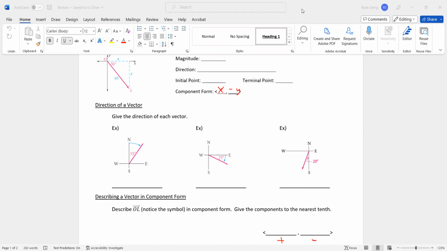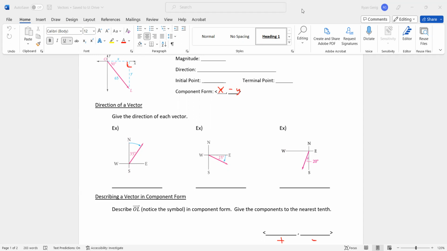In this case, it's positive and negative because a point in that quadrant has a positive x value and a negative y value. And you might have been wondering why we're doing this when we just got done doing all this trig stuff. Here's where the trig comes into vectors. You see that we have a right triangle. I'm using the picture. If you can't see me annotating on this, I've got a right triangle right here, so I've got trig that I can use.